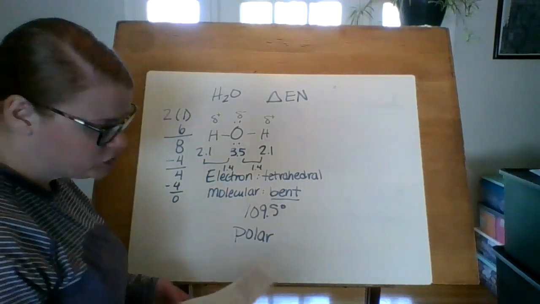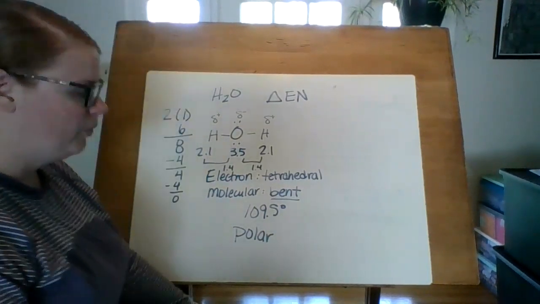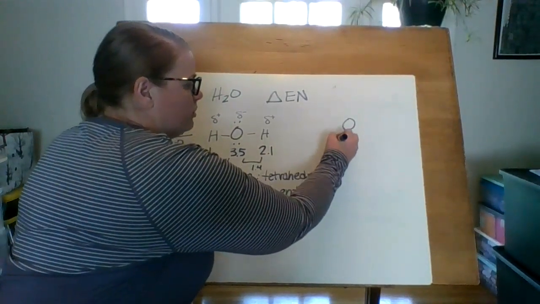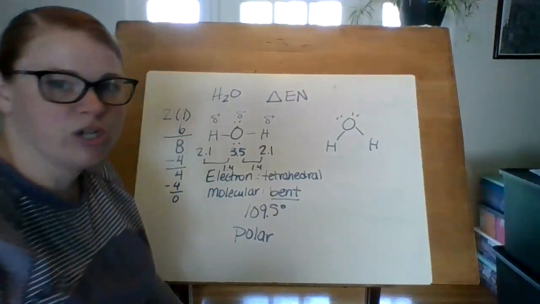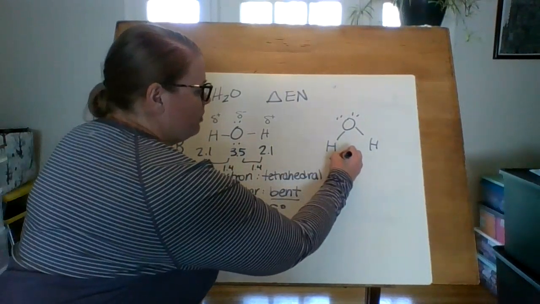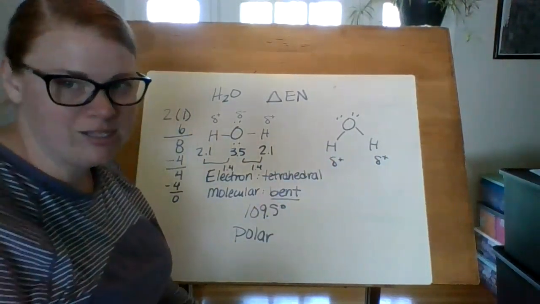The next question says redraw shape and show net dipole if polar. So this is polar, and we're going to redraw our shape. I'm going to redraw it so that the electrons are on one side and the hydrogens are on the other. I know from my electronegativity differences, these are going to be my partial positive. Remember, this is a lowercase delta.